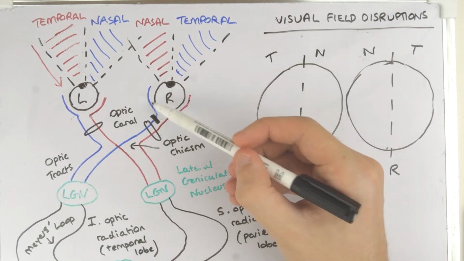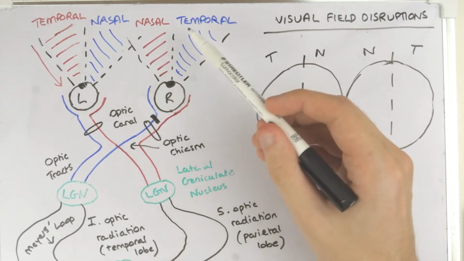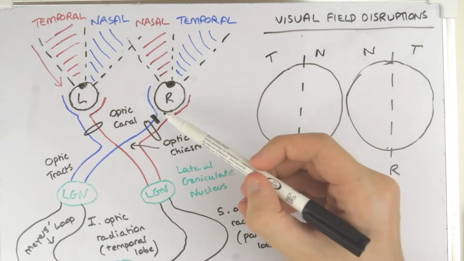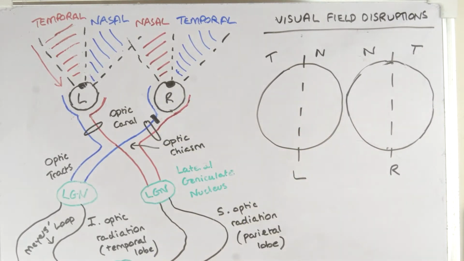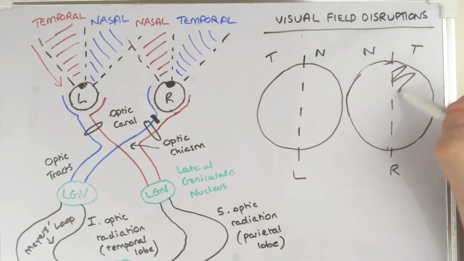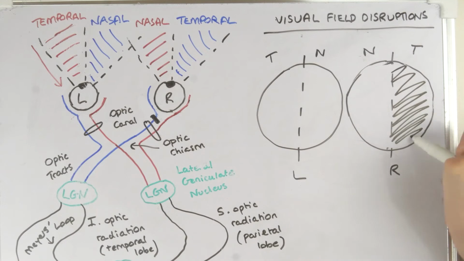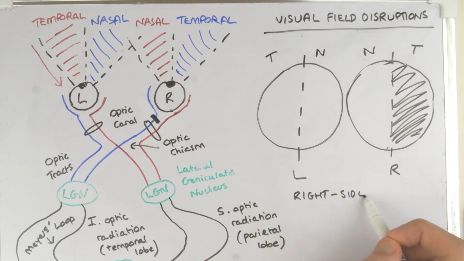So these nasal fibres from the nasal side of the retina of the right eye are receiving the temporal visual field, so it's this information that won't be carried back to the visual cortex. So we come over to our right eye, we are going to lose the temporal field, so this area becomes knocked out.